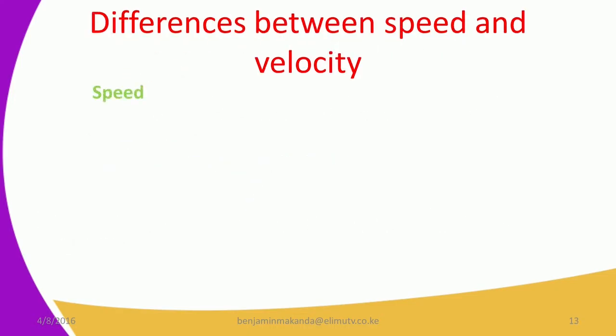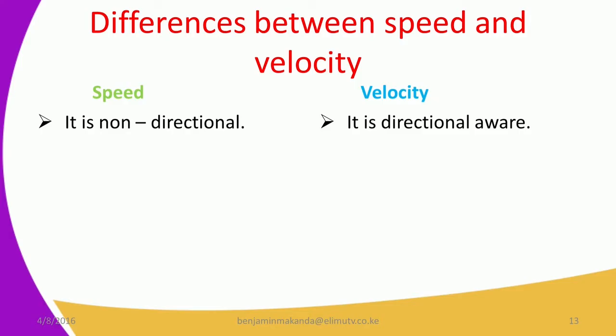Differences between speed and velocity. Speed is non-directional. Velocity is direction aware. Speed is a scalar quantity. Velocity is a vector quantity. A scalar quantity is a quantity that has magnitude but does not have direction, meaning that speed has size but doesn't have direction.